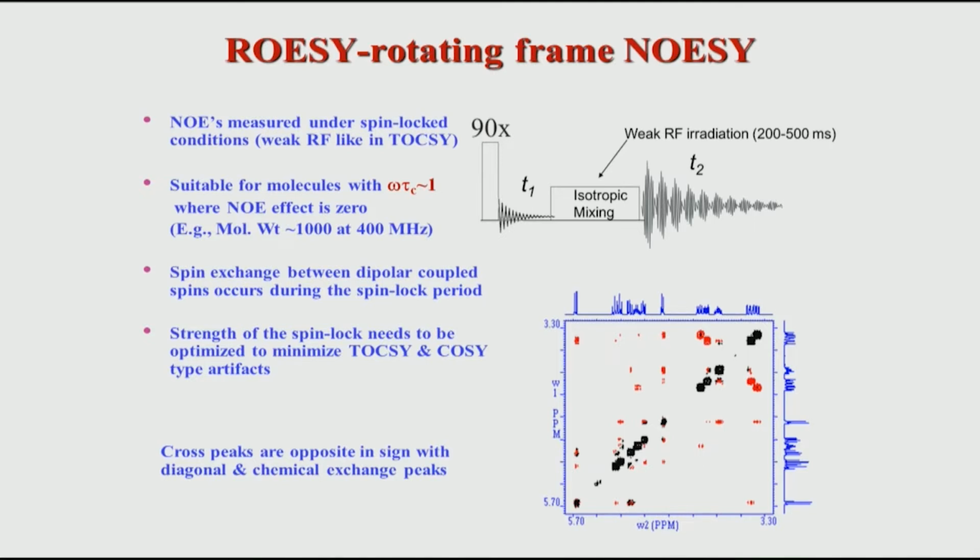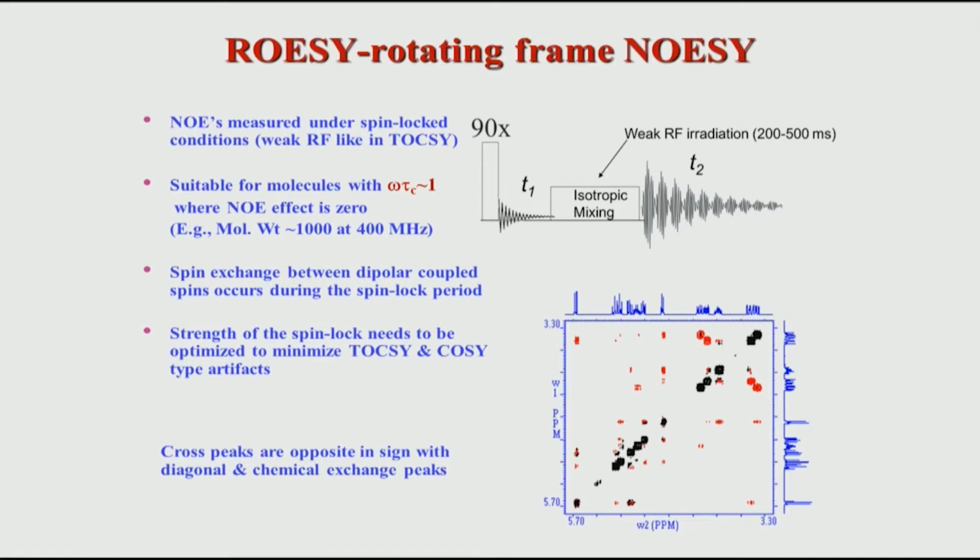So, this will lead to a wrong structure, because in reality they are about 8 angstroms apart, but in practice, using my equations and the idea that intensity is proportional to 1 by r power 6, I may end up interpreting that these two atoms are less than 5 to 6 angstroms apart.